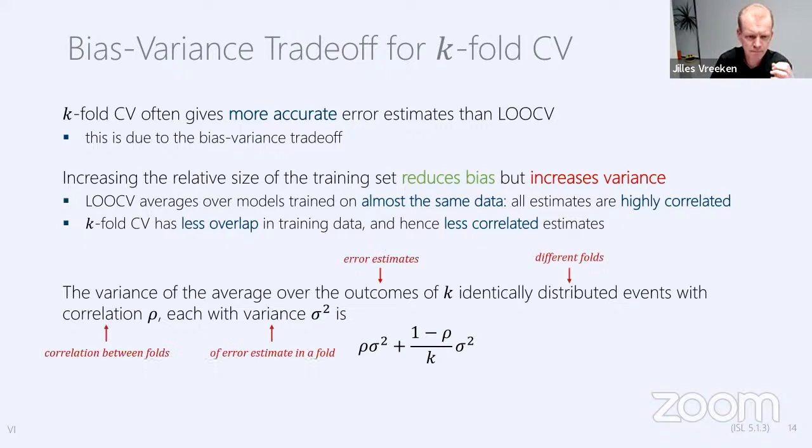Okay, let's walk it through again. The variance of the average of the error estimates, that's what we're interested in, of k identically distributed events over different folds, which, because we randomized each of these folds, we can assume to be identically distributed, right?